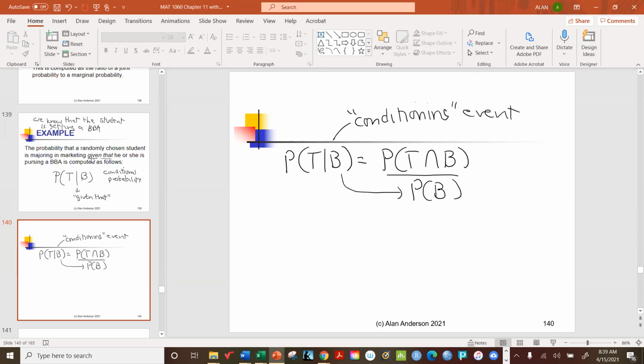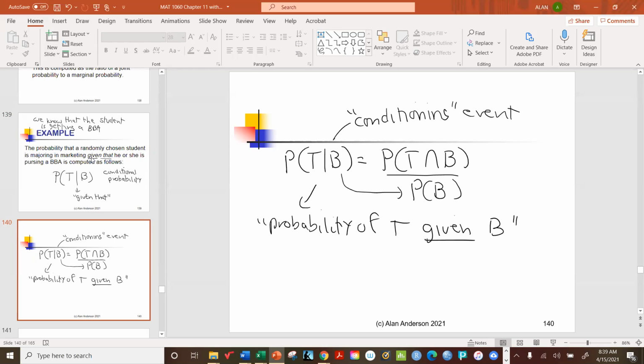All right, so now it's easy to remember this because this does kind of look like a division sign over here, but it's not. T given B, this is pronounced the probability of T given B, which is just shorthand for saying given that B is true, is this formula.